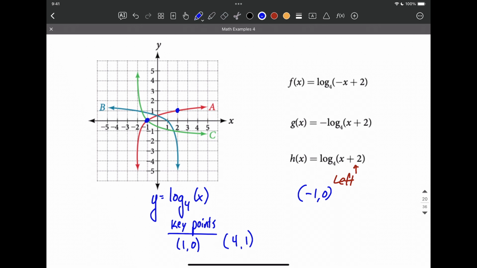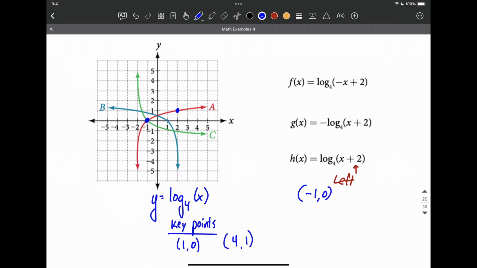A vertical reflection is going to affect our y values. So if we start with our key point (-1, 0) and multiply that y value by a negative, we still end up with the same key point. It's still going to be (-1, 0).